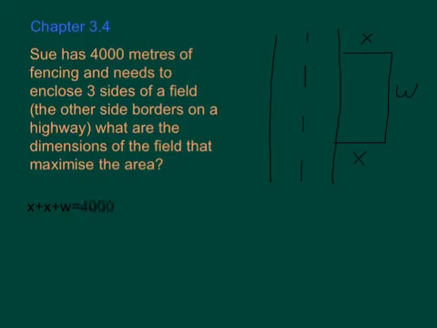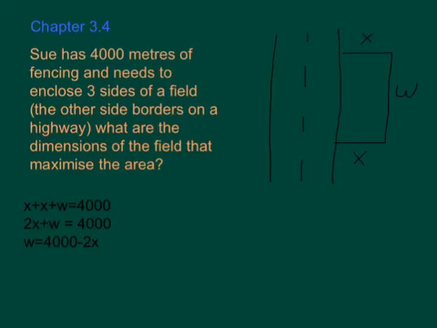So we know that 2x plus W equals 4,000, or in other words, W equals 4,000 minus 2x.